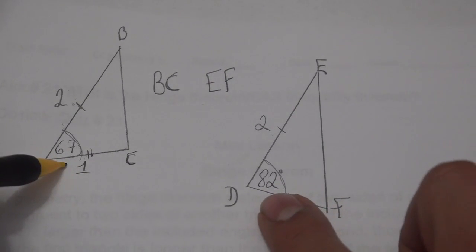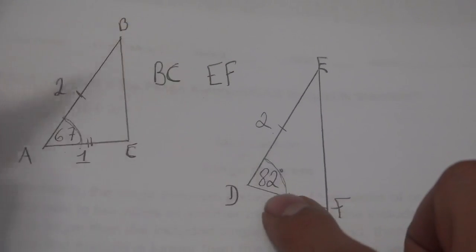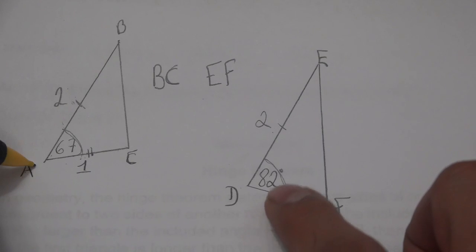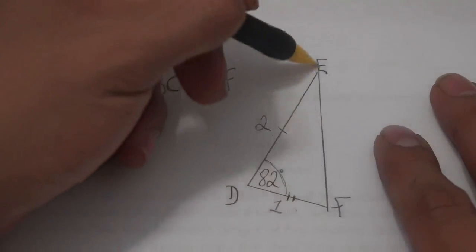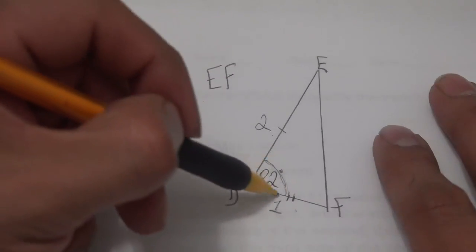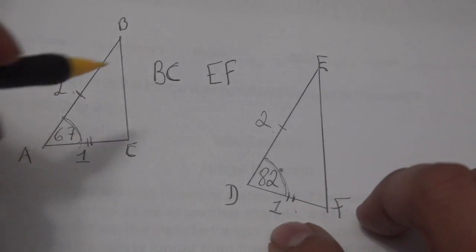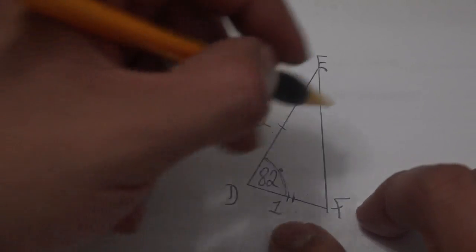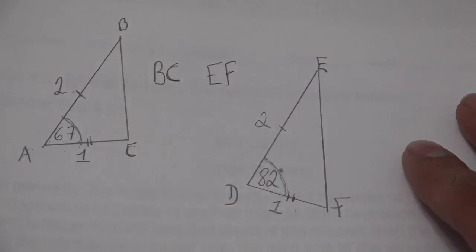So which one has the wider opening? Right, angle D has a wider opening than angle A. And we know that if the angle opposite to a side is greater than the angle opposite to the other side, then that side is longer.